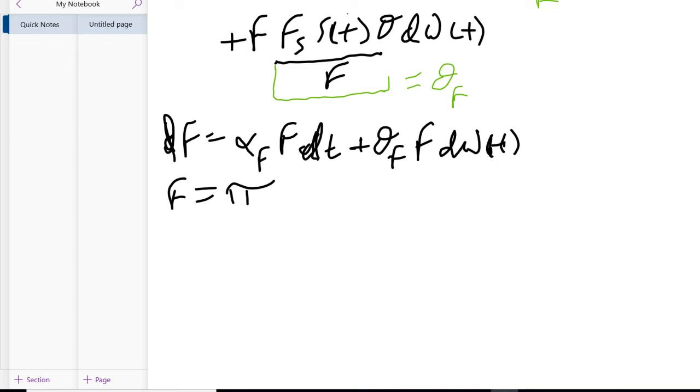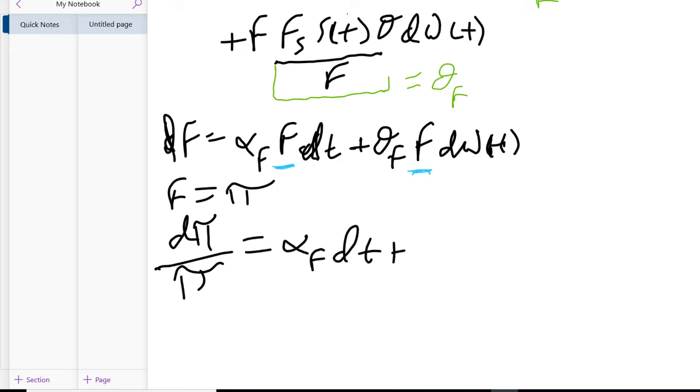But the point is we can interchange the f's in the equation above, so we can change those to pi's, and then divide by pi. So we can rewrite this as d pi over pi is equal to alpha subscript f dt plus sigma subscript f dW_t.